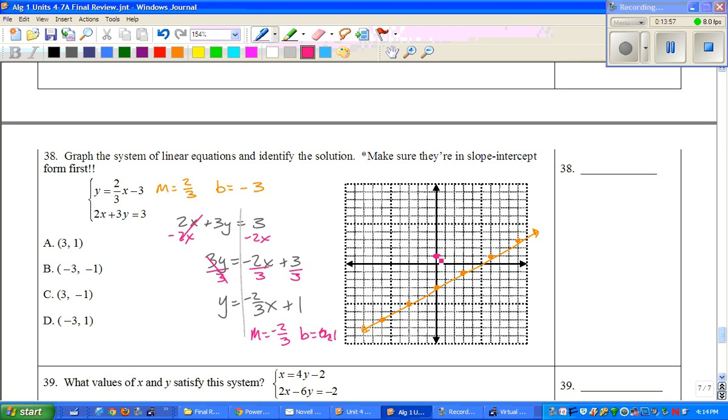So I'm starting at 1, down 2, over 3, and right away, I found where they met. So you can draw your line, and know that that point is where those lines meet. And that's at positive 3, negative 1, which is C.